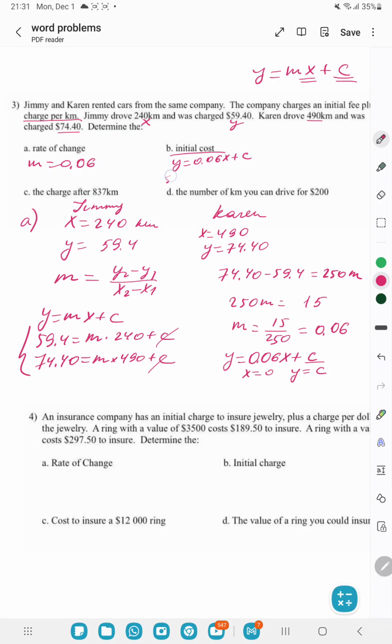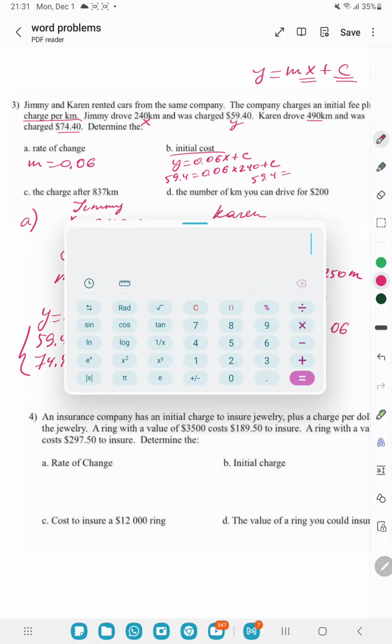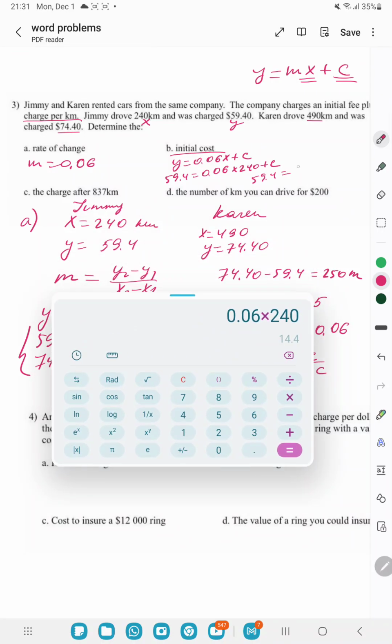When y is 59.4, it's 0.06 times 240 plus c. So 59.4 equals 0.06 times 240, which is 14.4, plus c.